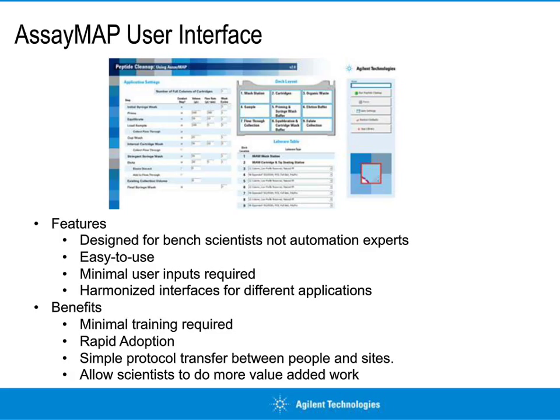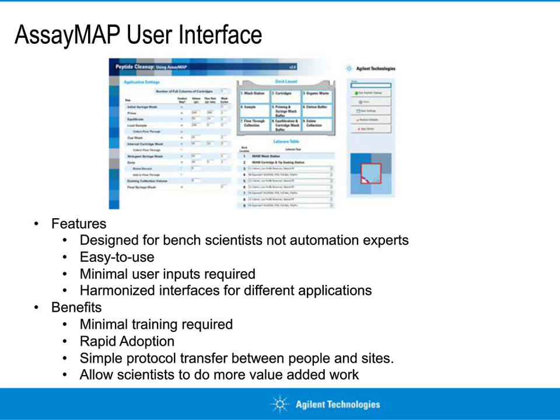Using the software requires minimal training, so it can be rapidly adopted in the lab. Protocol transfers between people and sites are simple and dramatically decrease the risk that information is lost or miscommunicated. The ability to rapidly set up and run experiments allows scientists to do more value-added work while the robot does the tedious work.